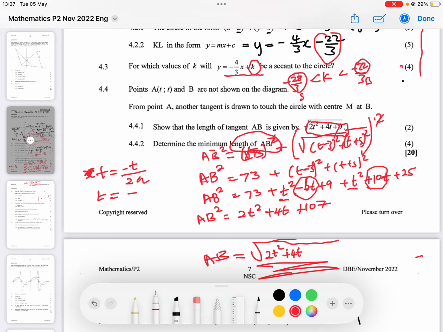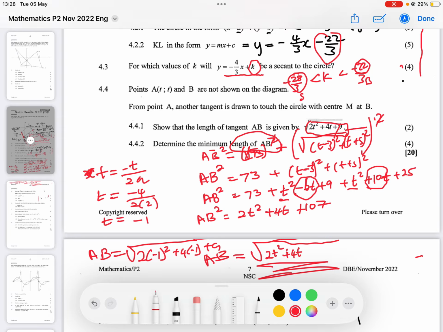So t is equal to minus 4 over 2a, which is 2. So t is equal to negative 1. Then from there you substitute into that square root. AB is equal to the root of 2 times negative 1 squared plus 4 times negative 1, then plus 9.